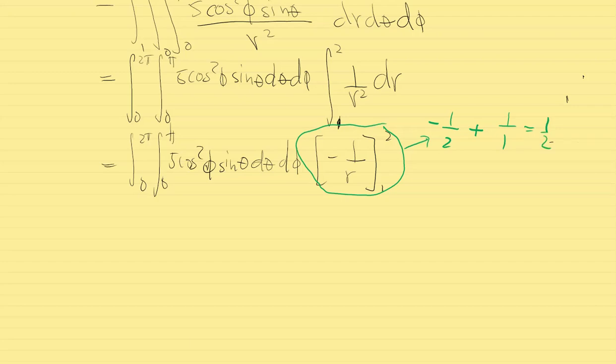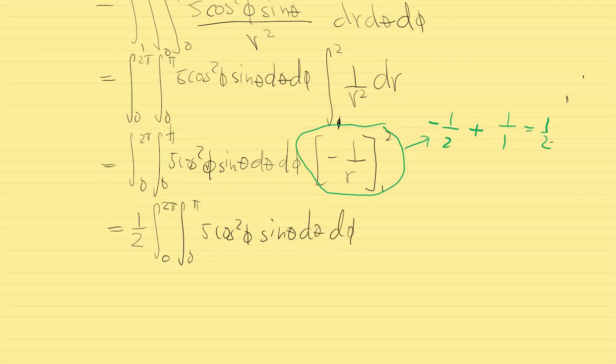Going back, we can now take out that 1 half from 0 to 2 pi, 0 to pi, 5 cosine squared phi sine theta d theta d phi.